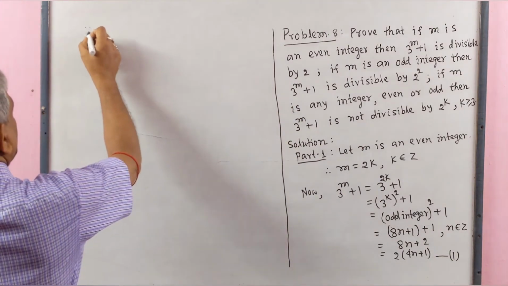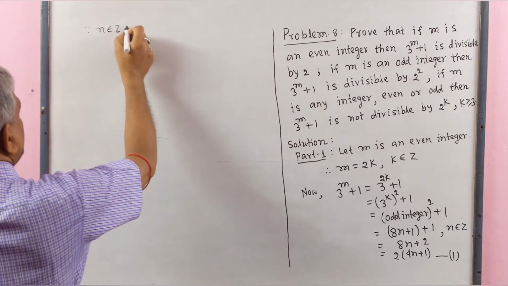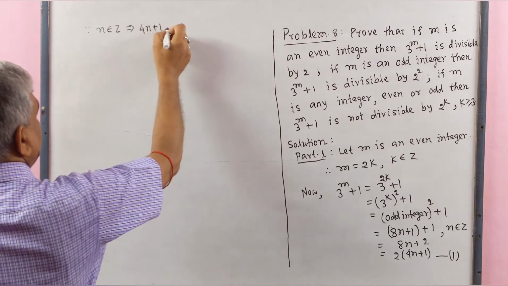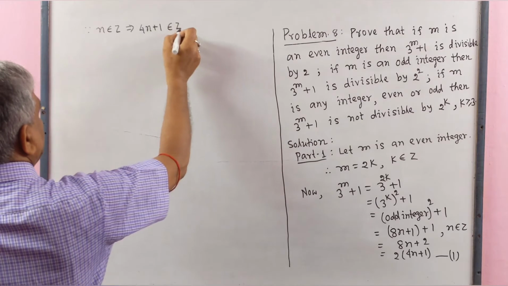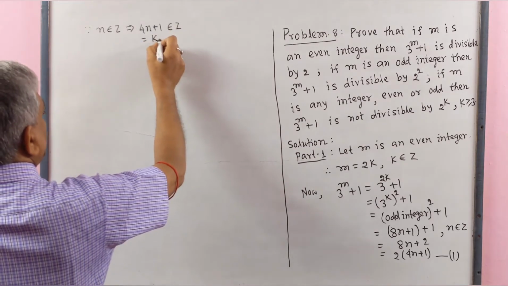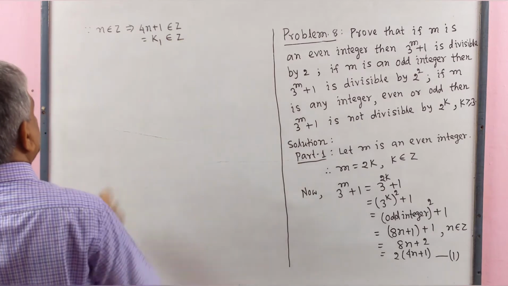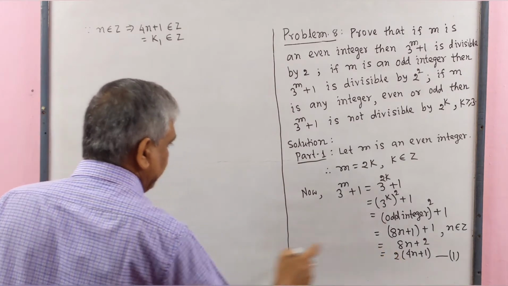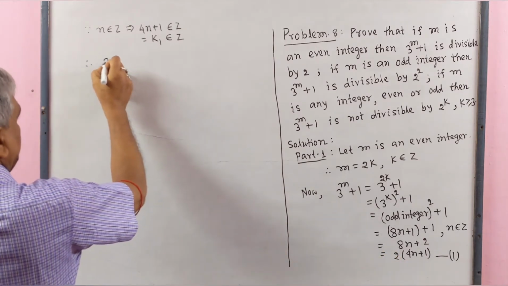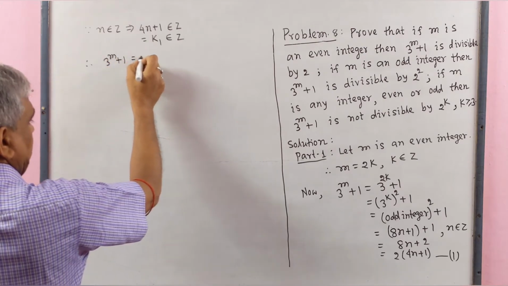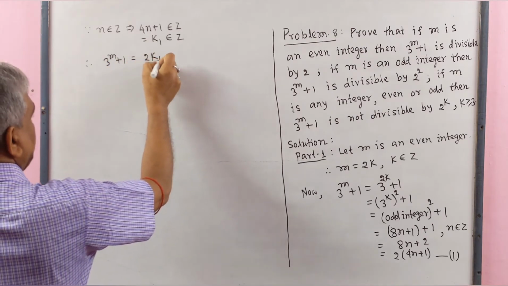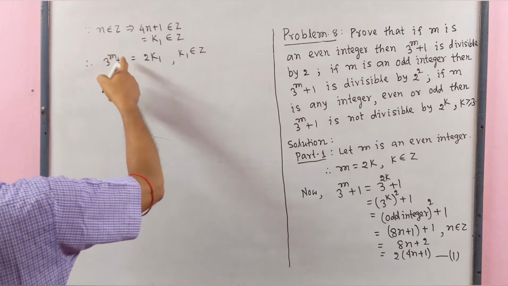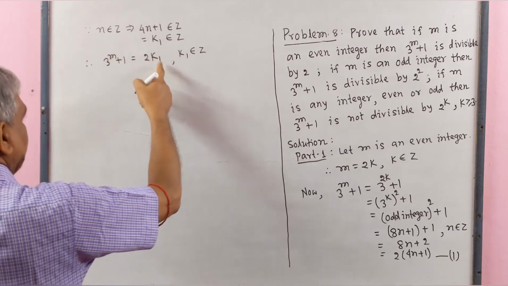Since n belongs to Z, it implies that 4n plus 1 belongs to Z. Let this be equal to k1, belongs to Z. Putting this value in number 1, we get 3 to the power m plus 1 equal to 2 multiply k1.